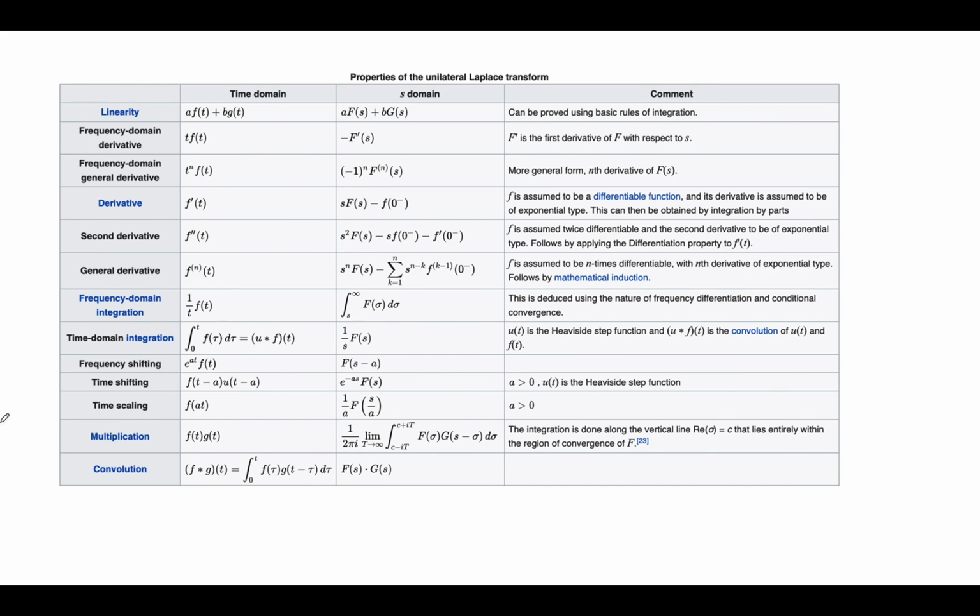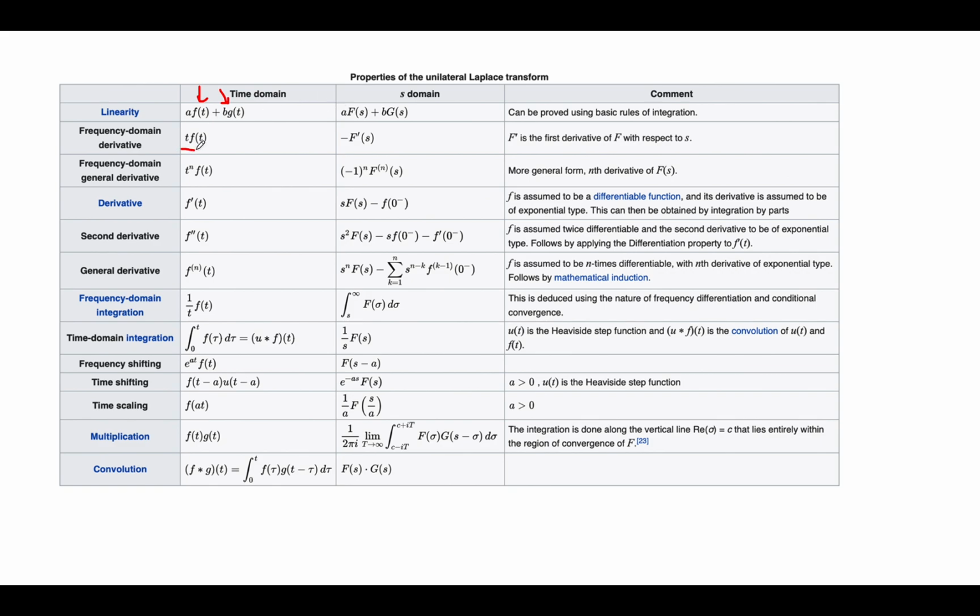Basically, the main property is the property of linearity, meaning the transform of the weighted sum of two functions is the weighted sum of the transforms. So you take the transform of f of t, and the transform of g of t independently. If they're weighted, the constant comes right through the transform process, and you can prove that using very basic rules of integration.